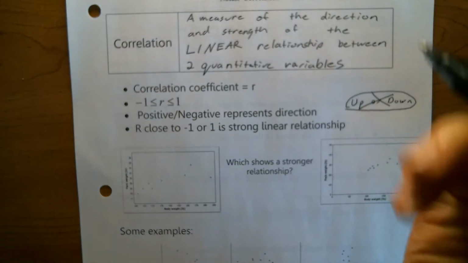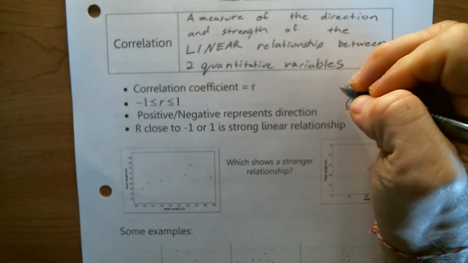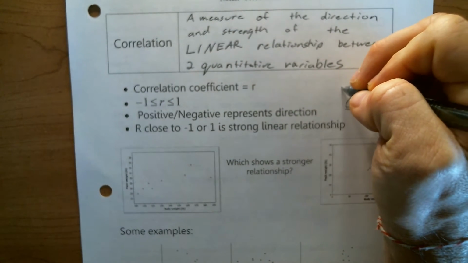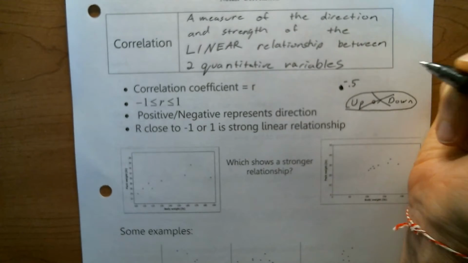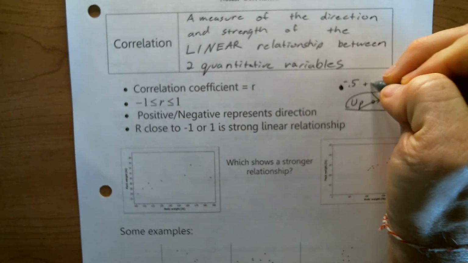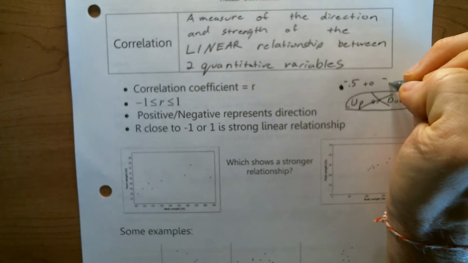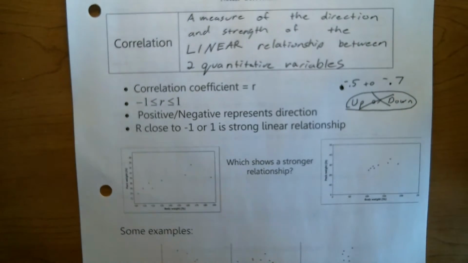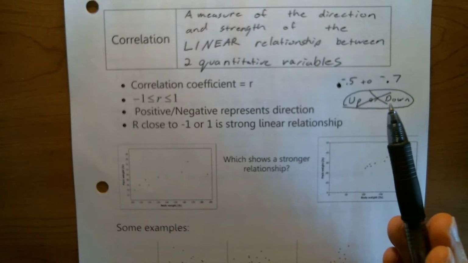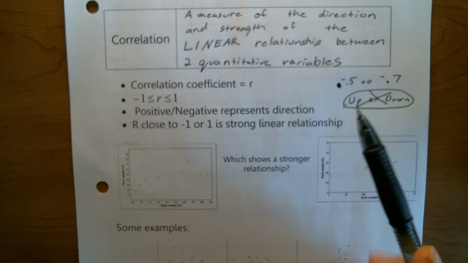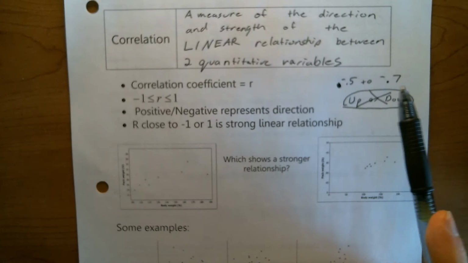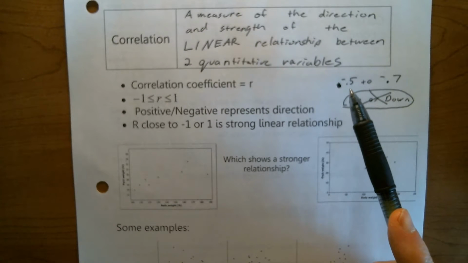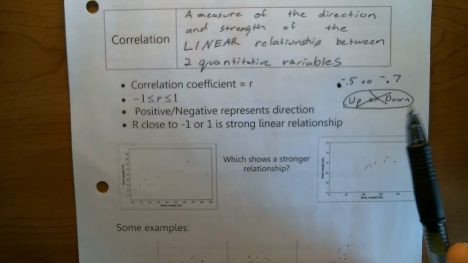So technically, if I go from a correlation coefficient of -0.5 to -0.7, that correlation coefficient in a mathematical sense is going down because -0.7 is technically smaller than -0.5.